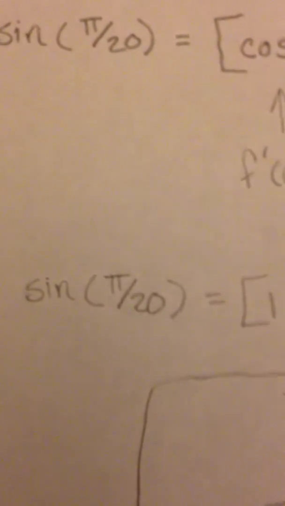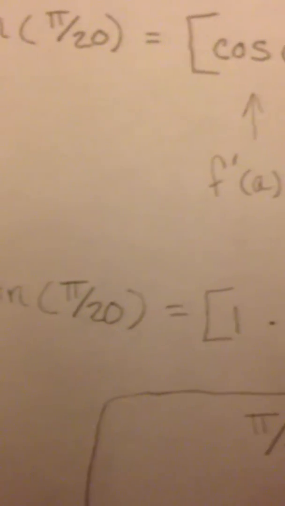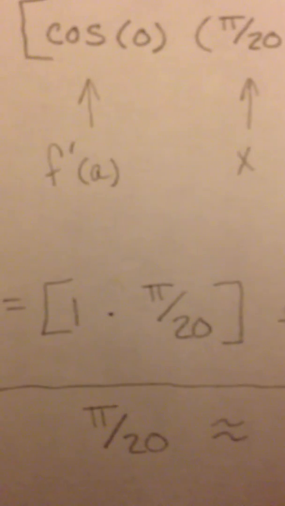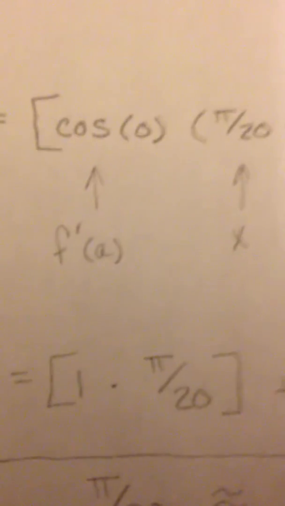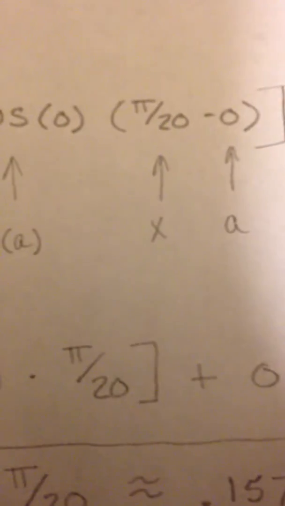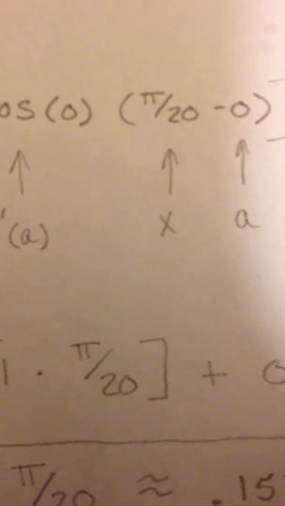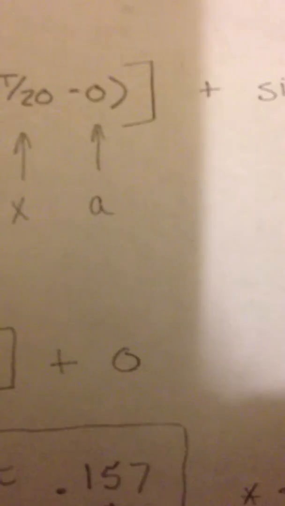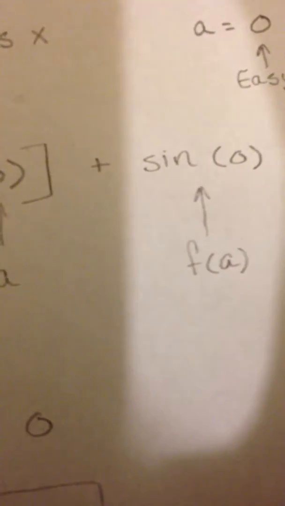Whenever we plug all that in, we get sine of pi over 20 is equal to 1, which is the cosine of 0, times pi over 20 minus 0, plus 0, which is the sine of 0.